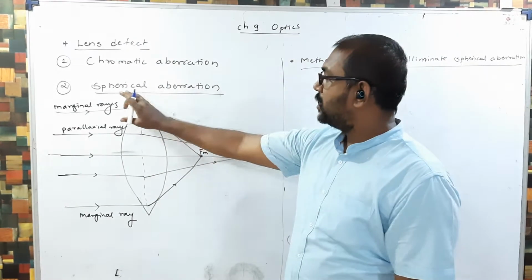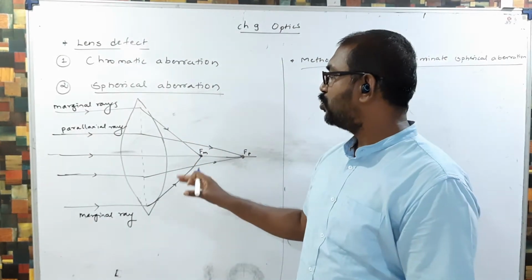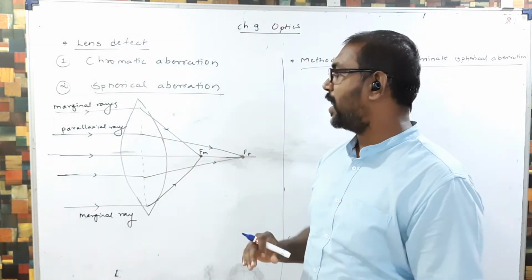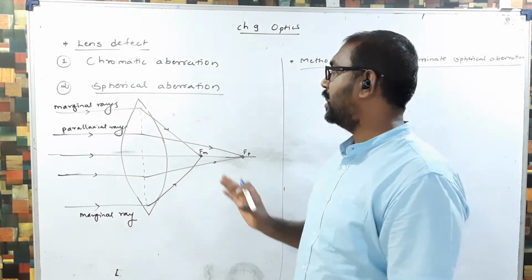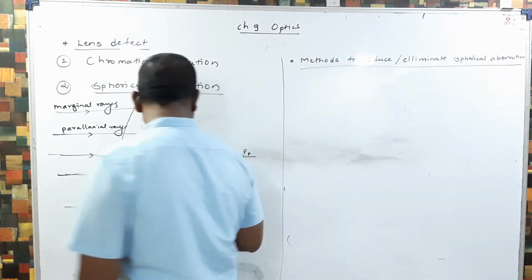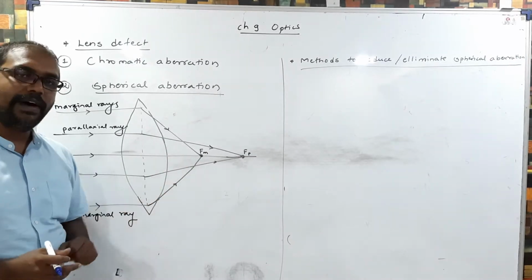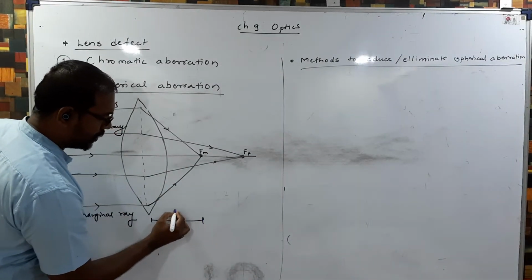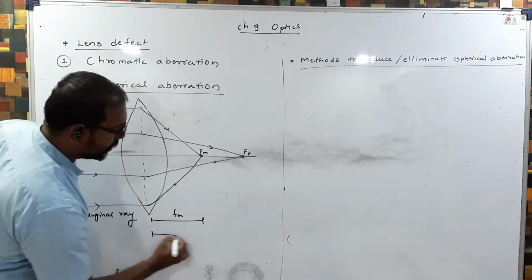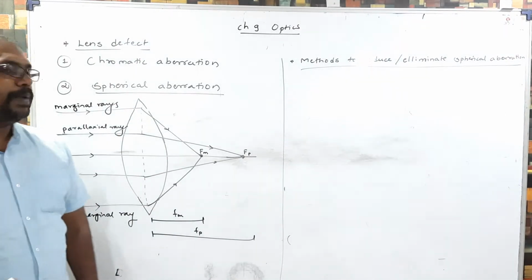In simple words, spherical aberration is the inability of the lens to bring the marginal rays and paraxial rays to a single focus. Here I have written FM, the focal length for the marginal rays, and this is FP, the focal length for the paraxial rays.